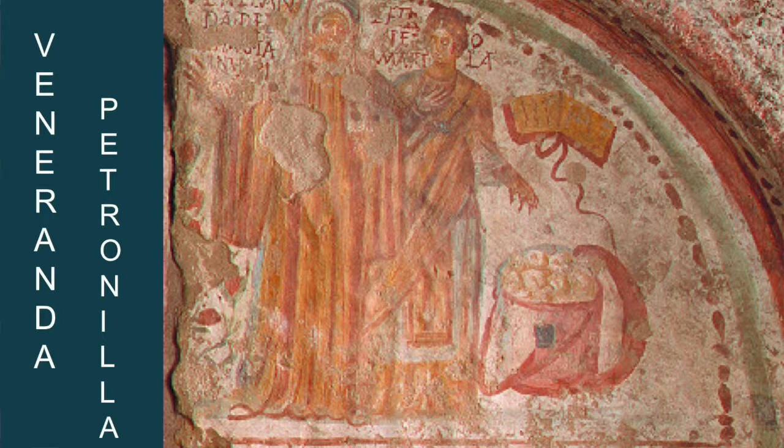And the thing to notice is that these women are dressed in garb from 2 separate historical periods. Veneranda is probably late 4th, 5th century, judging from how wide these sleeves are. She's veiled. Petronilla is dressed in garb more consistent with the late 1st, 2nd century. No veil, hairstyle, she's got a stola, okay?